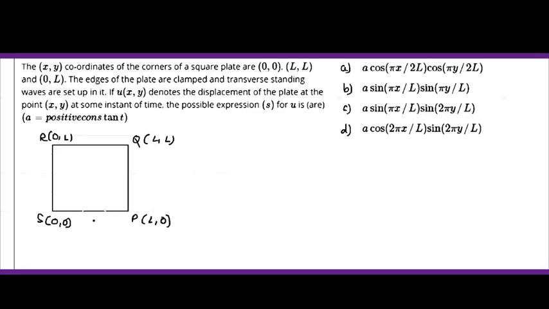Now if we see all the lines, what are the equations of the lines, or till where x and y would vary?